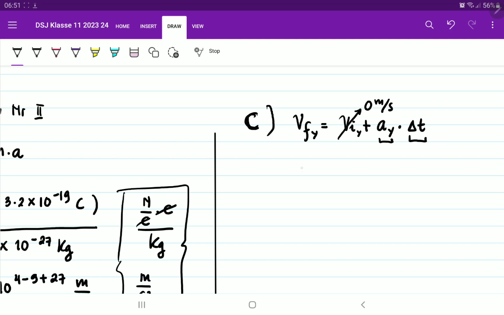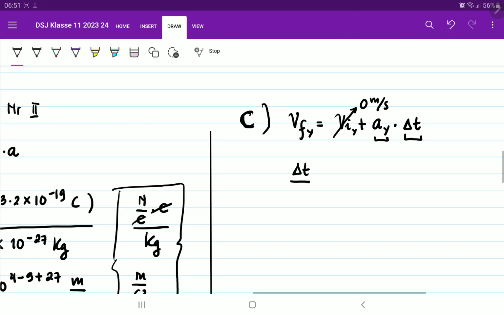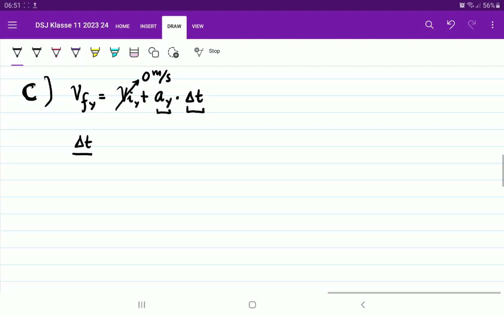And that is exactly what we need to find. Now, if we want to find delta t, we can go back to one of the physics formulas in distance. In this case, the distance is the d.